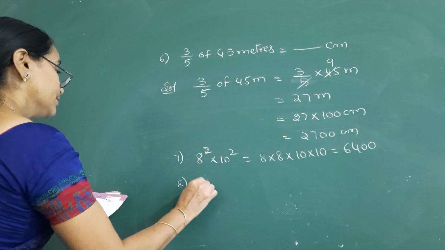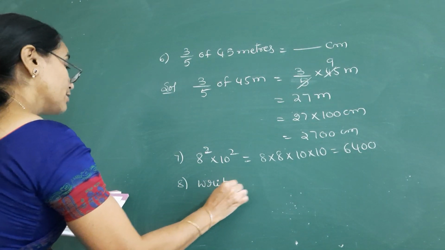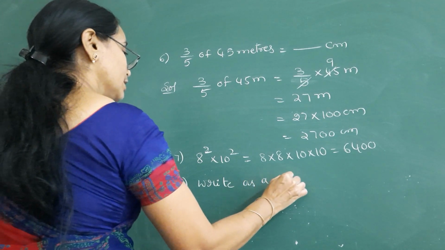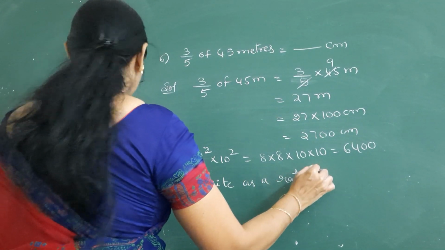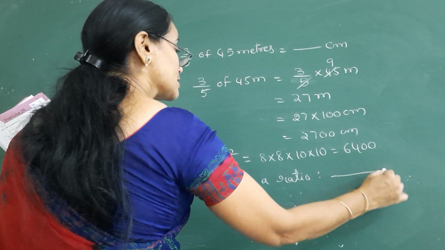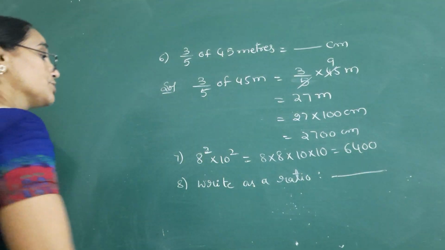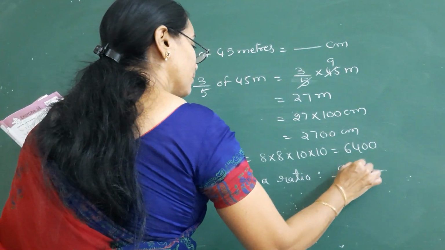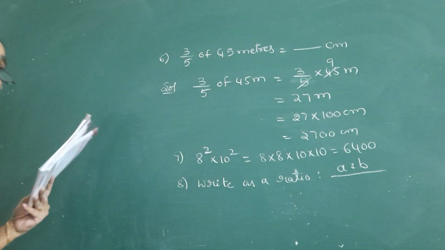See the 8th one. Here they are asking to write as a ratio. So if you don't know, this is a new word. Ratio means you have to compare two similar quantities.